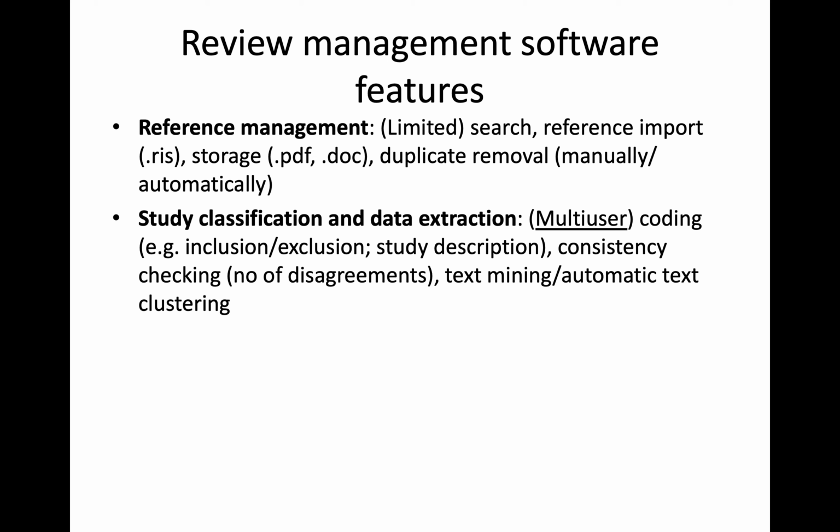So you can code studies, and you can give studies a categorical scoring based on the information they have. That might be include or exclude, but it might be a description of the study belonging to a certain category. They typically allow you to do consistency checking. As I said, we'll come on to that in the next session, but in essence, it allows you to understand the level of agreement or disagreement between different reviewers.